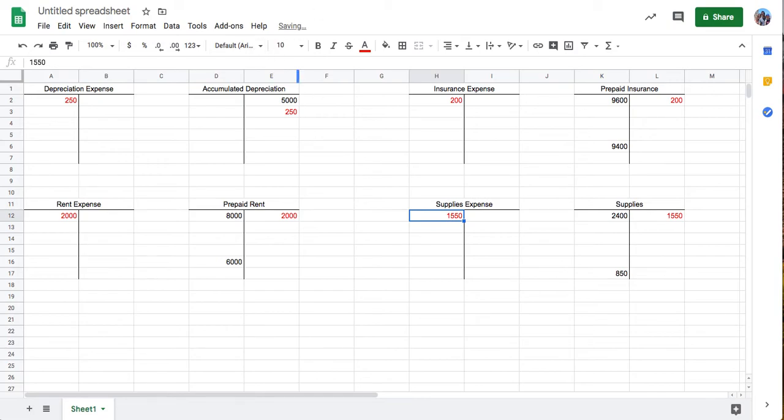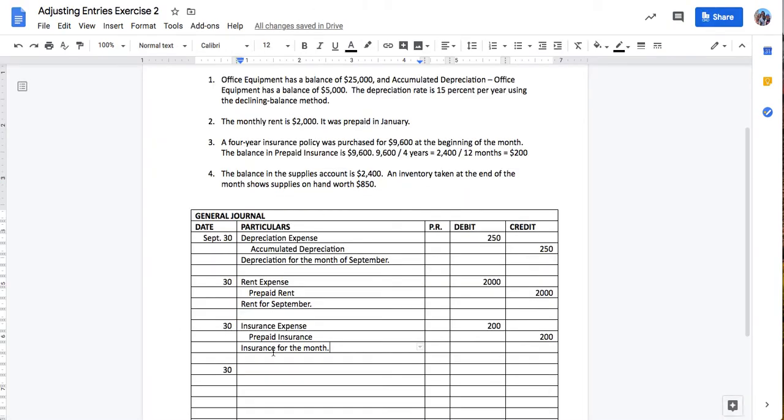And so my adjusting entry is going to be, you guessed it, expense first, supplies expense, and it's going to be supplies, and it's going to be 1,550. Supplies used for September, and that's it.